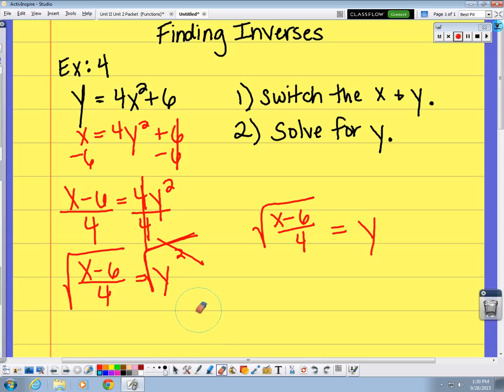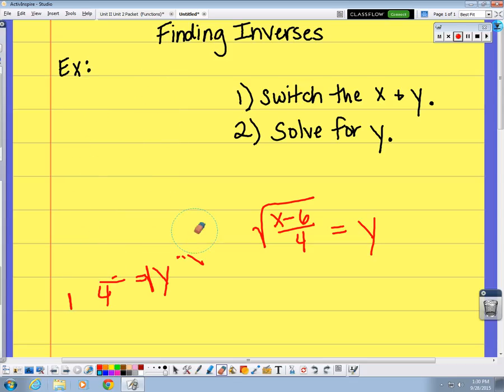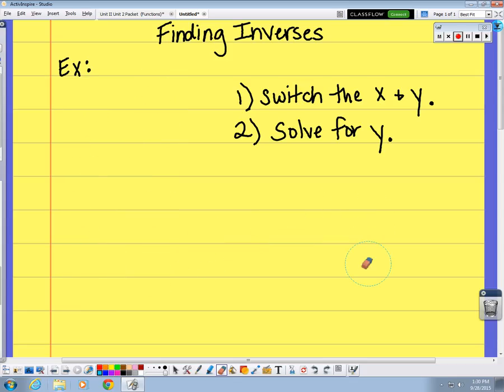Example 5. Alright, example 5. Y equals 1 half x plus 4.